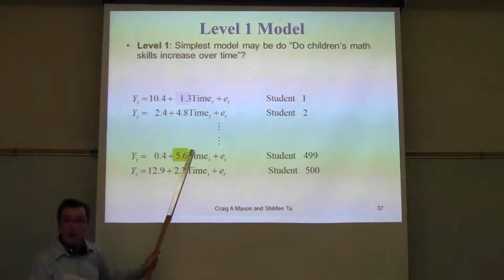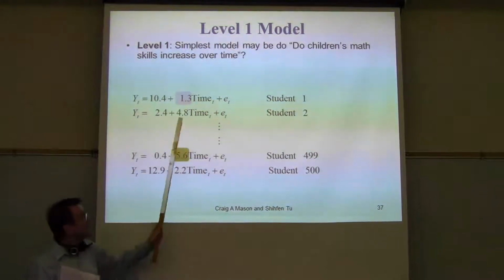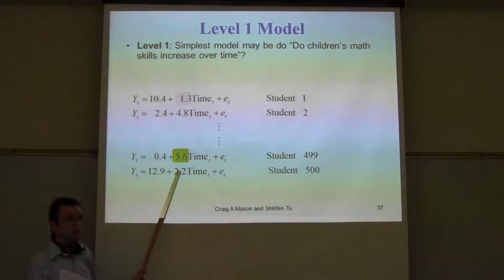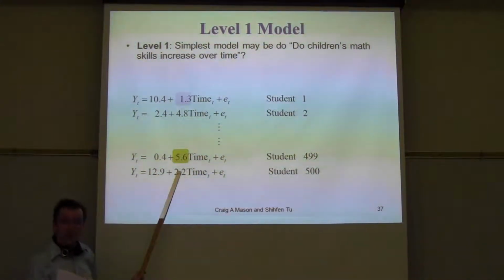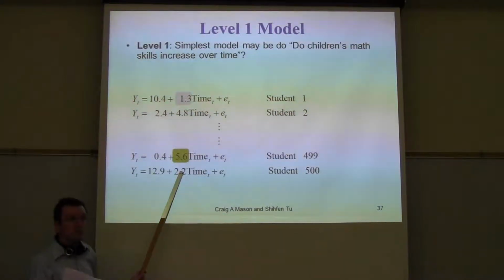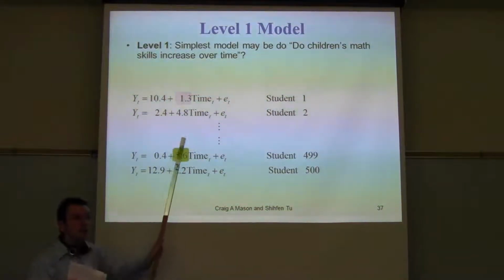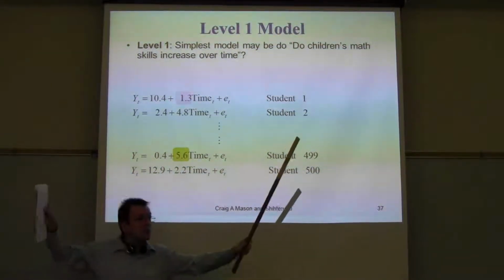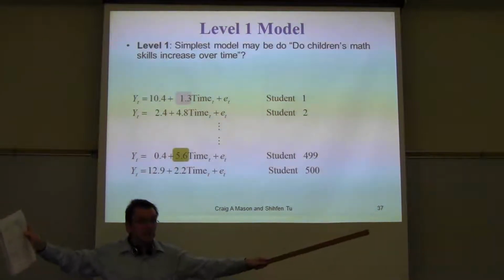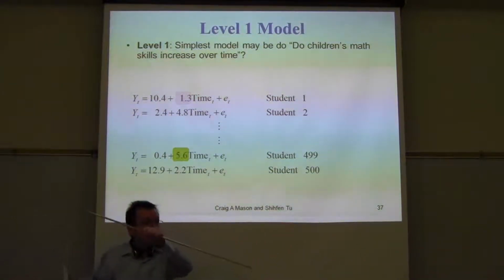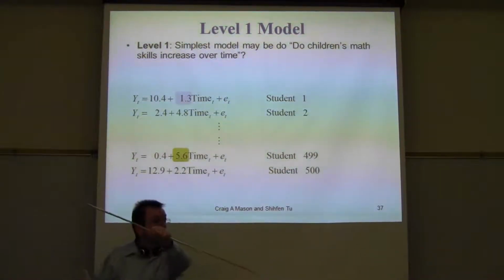We're talking about their growth. And how many different growth functions do we have? Do we have 3,000? No. How many do we have? 500, because each student has their own. So we started with 3,000 assessments, but now we're down to 500 slopes, one for each student.